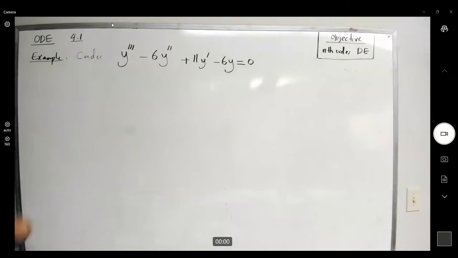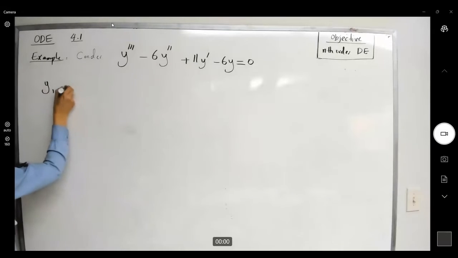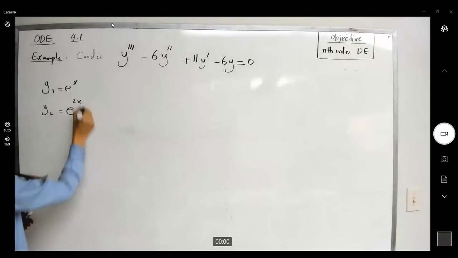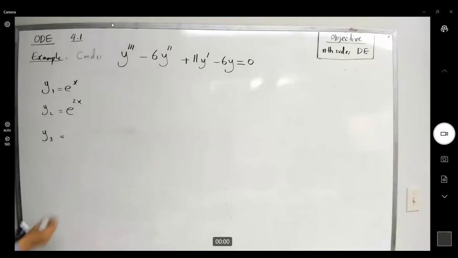I'm going to give you three functions: y1 is e to the x, y2 is e to 2x, and y3 is equal to e to 3x. The very first question that I have is, are these solutions for the differential equation?